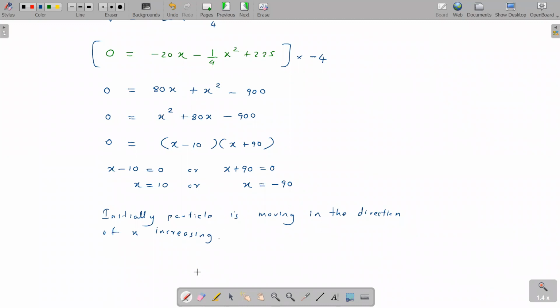If it is moving in the direction of x increasing, therefore it reaches x equals 10 before it goes to minus 90. So therefore the first time the particle comes to instantaneous rest is at 10 meters. Particle reaches x equals 10 before x equals minus 90.